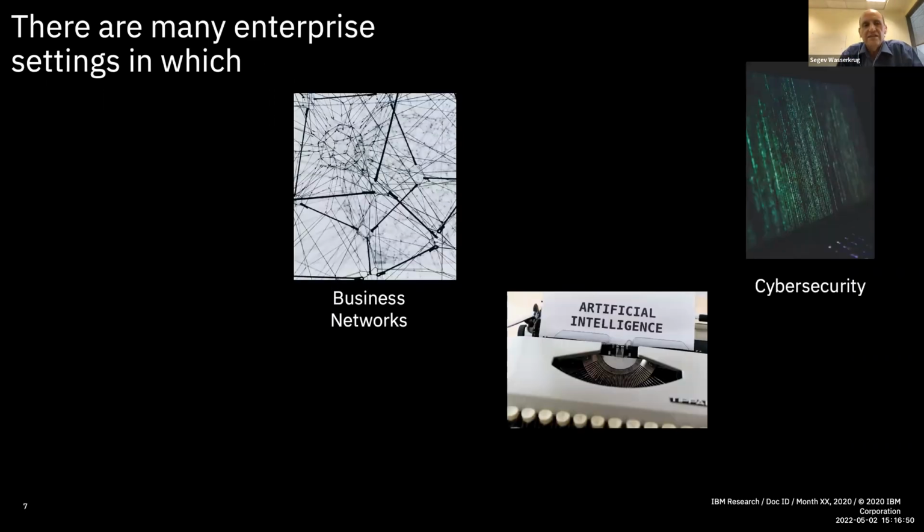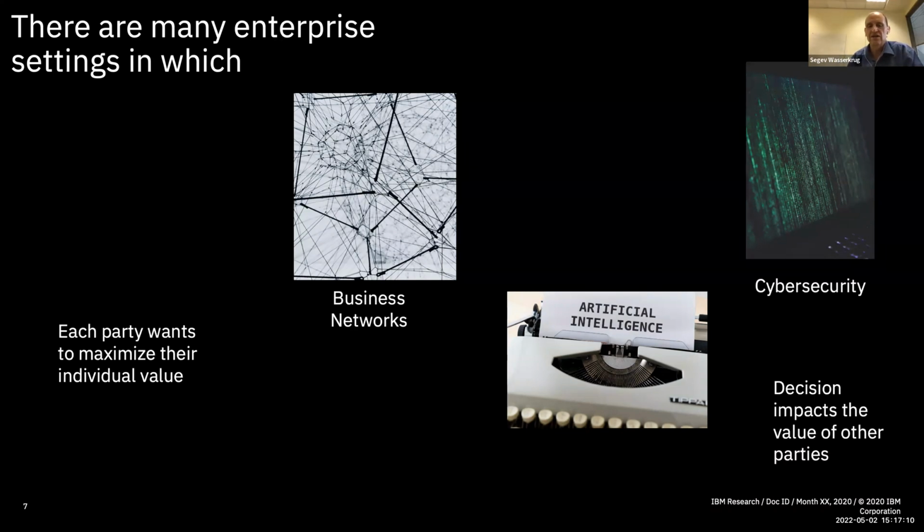So this is the single party setting, but what we've seen at IBM is that more and more recently, there are many enterprise settings in which a decision involves multiple parties, where each party wants to maximize their individual value, and the decision impacts the value of the other parties.